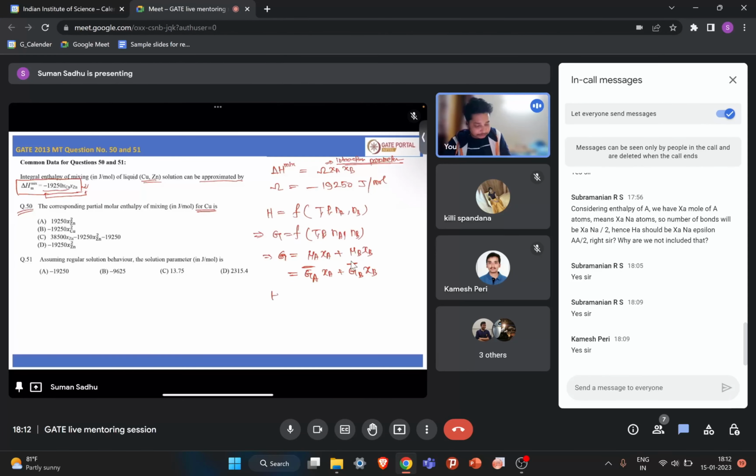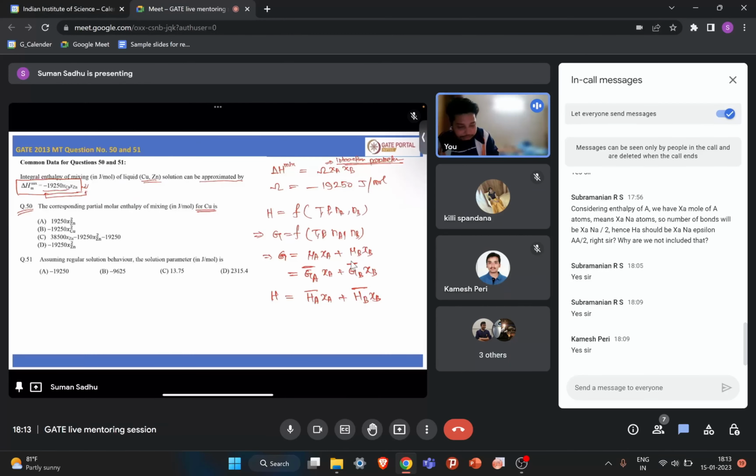So similarly for H also, I can write H A bar XA plus H B bar XB.